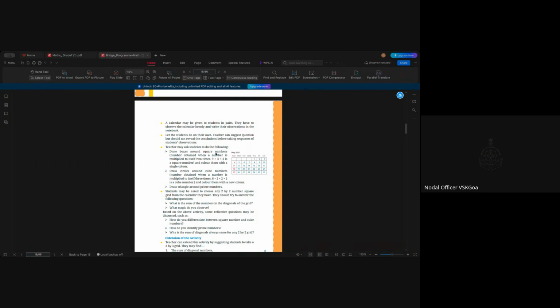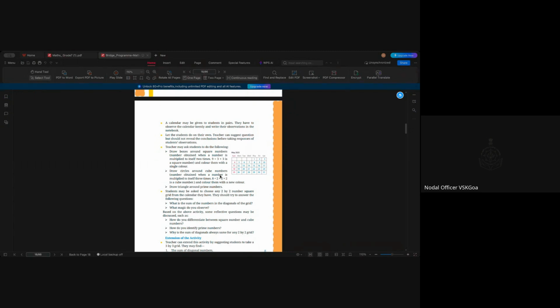They have to draw squares. Okay, they can use any color pencil. They have to draw a square on which numbers, by the way? 4, 9, 16, 25. Is there any perfect square number here? No. Okay, then draw a circle around cube numbers.